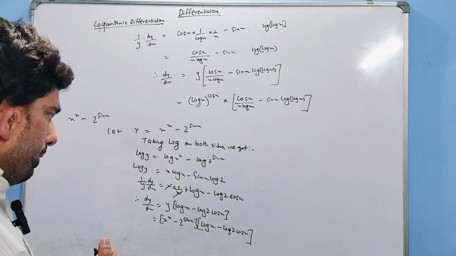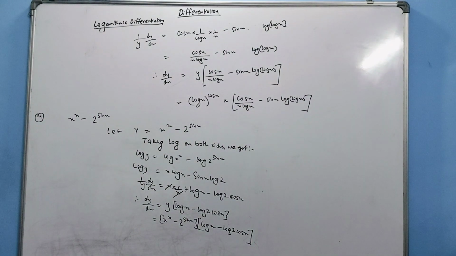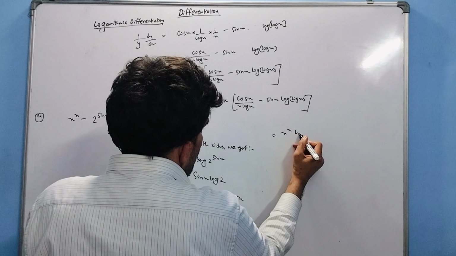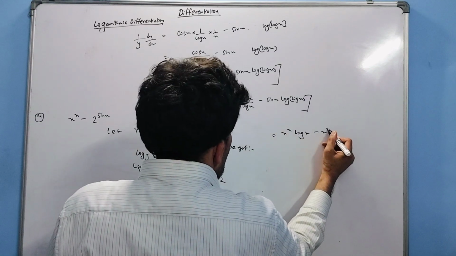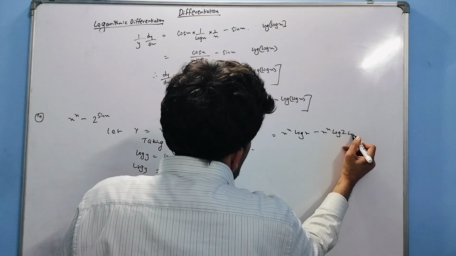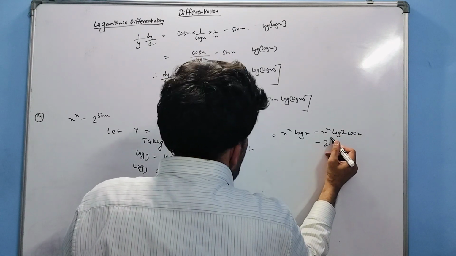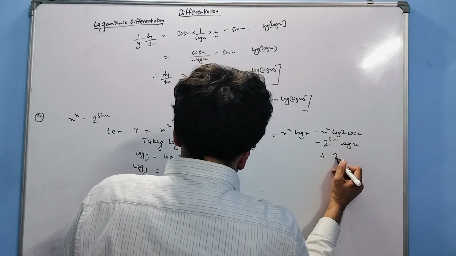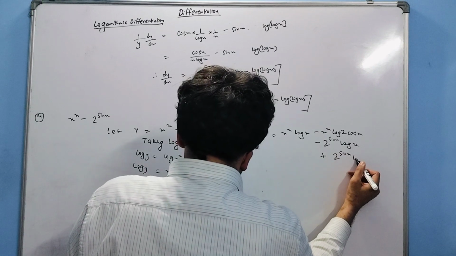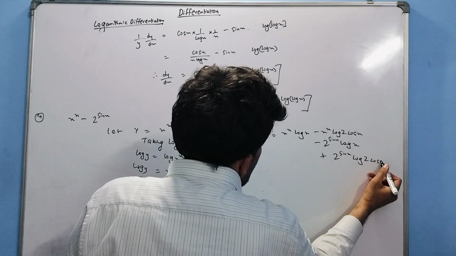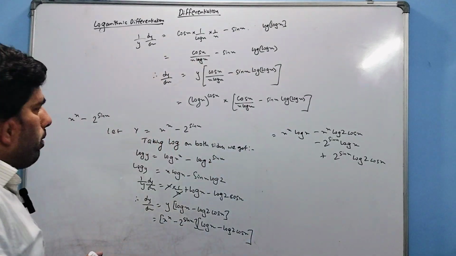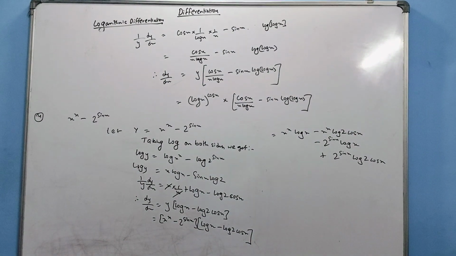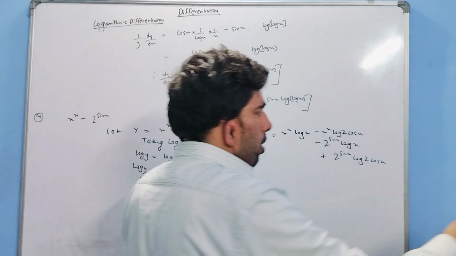So we can write, if you multiply what you got here, that is x to the power x log x minus x to the power x log 2 cos x minus 2 raised to the power sin x log x plus 2 raised to the power sin x log 2 cos x. Okay, so that is how we are able to differentiate. Now let's try to solve the fifth one.